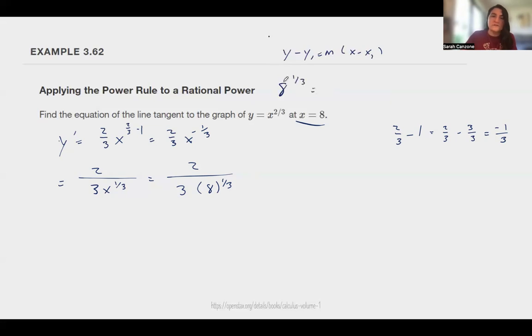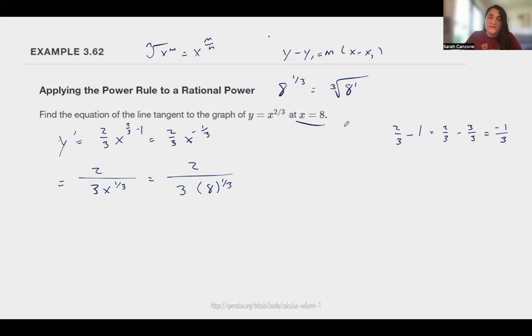8 to the 1/3 equals, well, if we remember that idea that the nth root of x to the m equals x to the m over n, or just the idea of this is the power over root, I know this is some sort of a root. Well, the 1 is the power, and the 3 is the root. And that's exactly what this is saying up here.